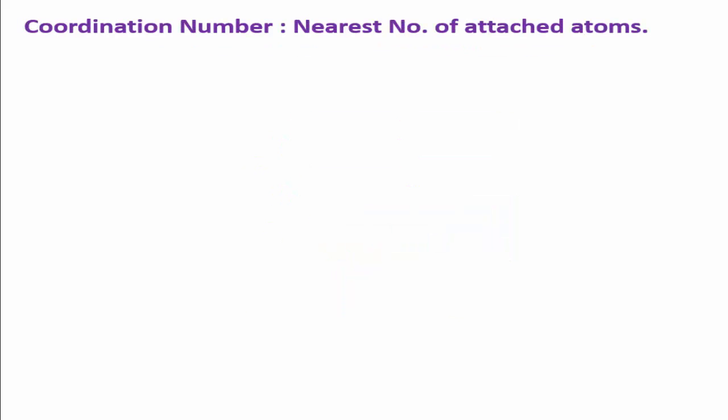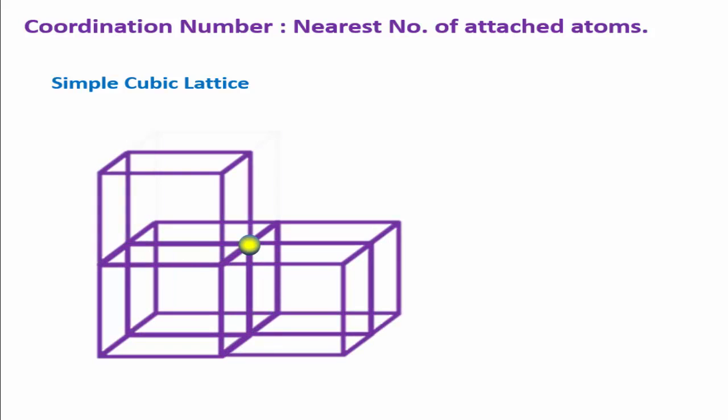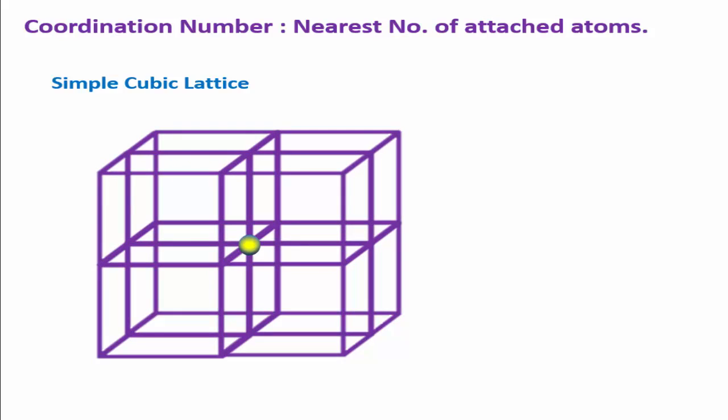Another important basic of solid state is the coordination number, which is defined as the number of nearest attached atoms. Let us see the simple cubic lattice. As you can see, this is one cube, and consider an atom present at the corner of the unit cell, and this unit cell is repeated all over the crystal. Now this atom is surrounded by an atom at the positive x-axis, and also at the negative x-axis.